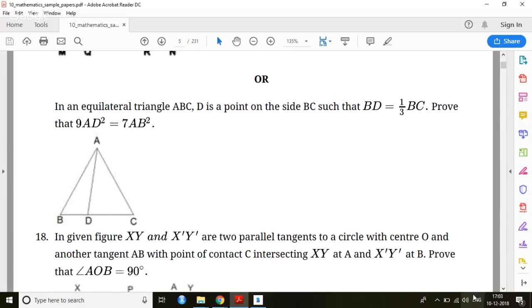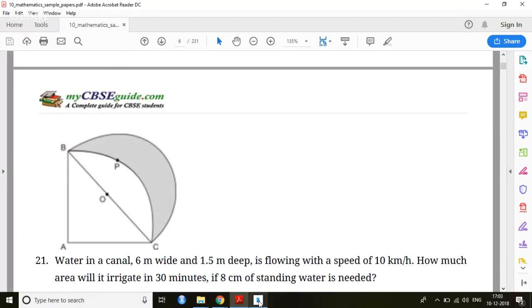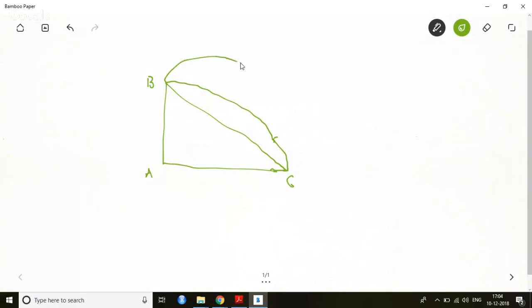So see what happens here. This is A, this is B, this is C, and this is the quadrant of the circle, and this is where another semicircle is.